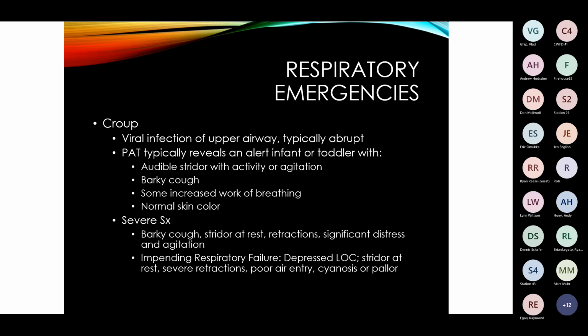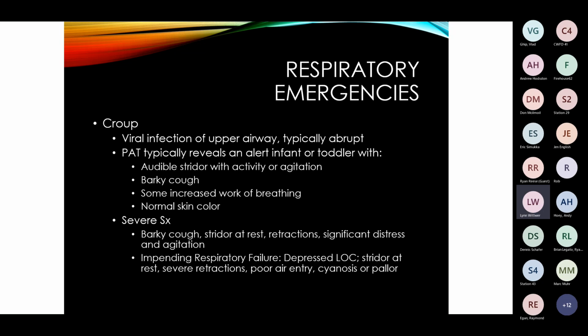Your assessment triangle typically reveals an alert child or toddler with audible stridor, but they're active and they're agitated. They do not like what's going on. They'll have a barky cough. There'll be some increased work of breathing, but with normal skin color.